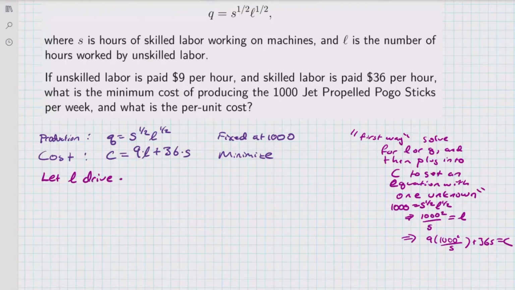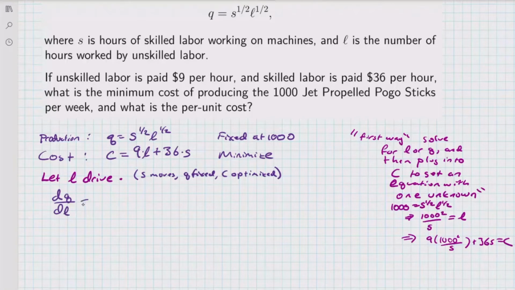So what I'm going to do is dC, I'm going to do dQ over dL. Now, so I've got S moves, Q fixed, C optimized. All right, so L's driving, S moves, Q's fixed, and C's optimized.